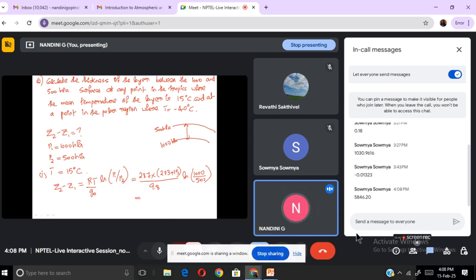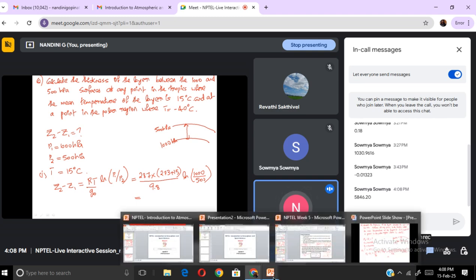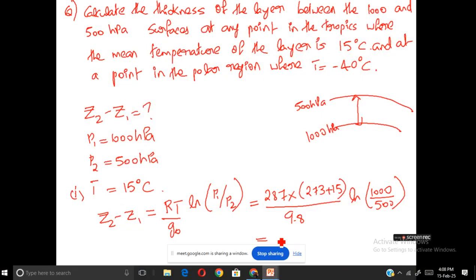Yeah, 5846 is the answer that I am also getting. Please check once again, Revati, if you are doing something wrong. 5846 meters is what I am also getting. So it will be around 5840 meters.